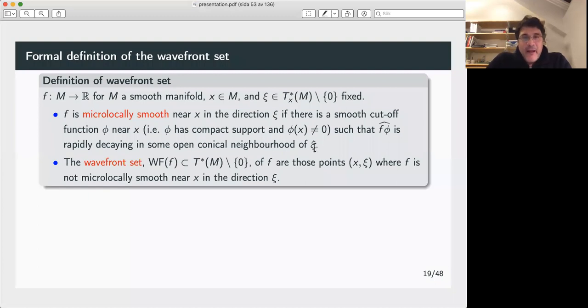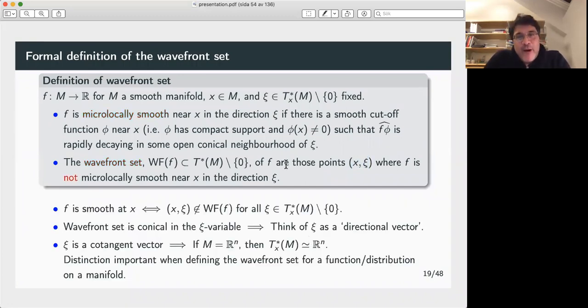And if that's not true along that direction, then you say that this pair, x and psi, belongs to the wavefront set. Now, if you're going to be a bit picky about this, you have to see that this is a cotangent space, and it's a bit tricky, because this is a manifold. Of course, a simple example is if this manifold is R^n, then you can identify this direction with a directional vector in R^n itself.